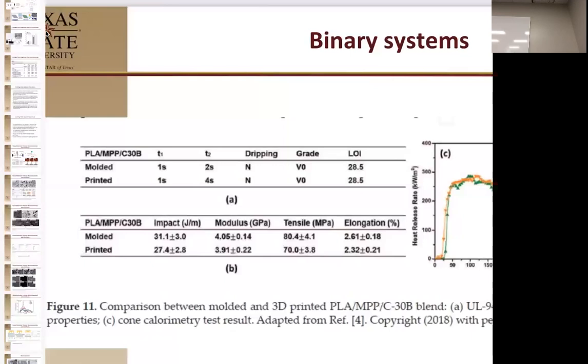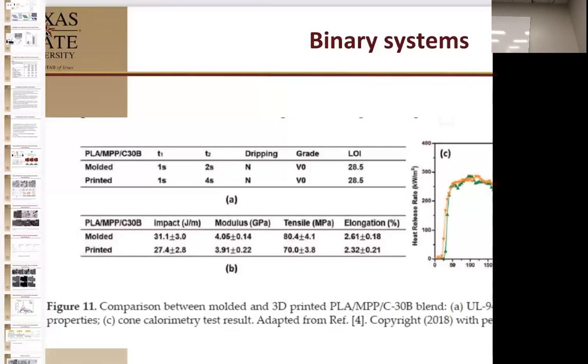What do you think caused that slight change? It's better dispersed, and printed is kind of like spacing between layers. There's a little bit of air gap in some of the layers somewhere. There's a little gap there, making the heat transfer lower, making it extinguish a little bit slower.